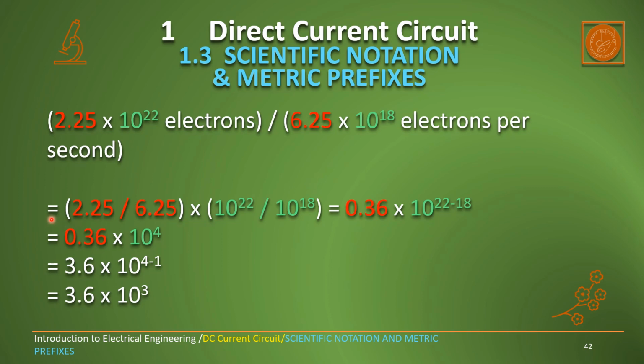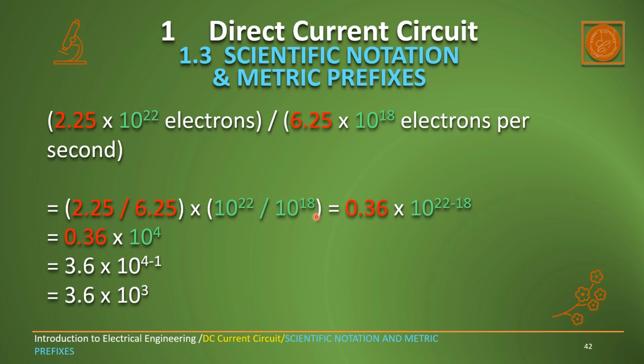We can change the formula to 2.25 divided by 6.25, and times the 10 power 22 that comes from this one. Because this is divide, the 10 power 18 comes from this.